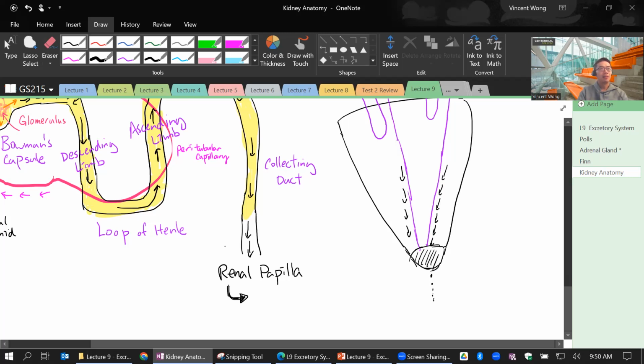Ureter. Way before the ureter, there's a bunch of other things, right? Eventually. Oh wait. Okay, the minor calyx. Yes, the minor calyx. And then from the minor calyx, they will join together to the major calyx, right?